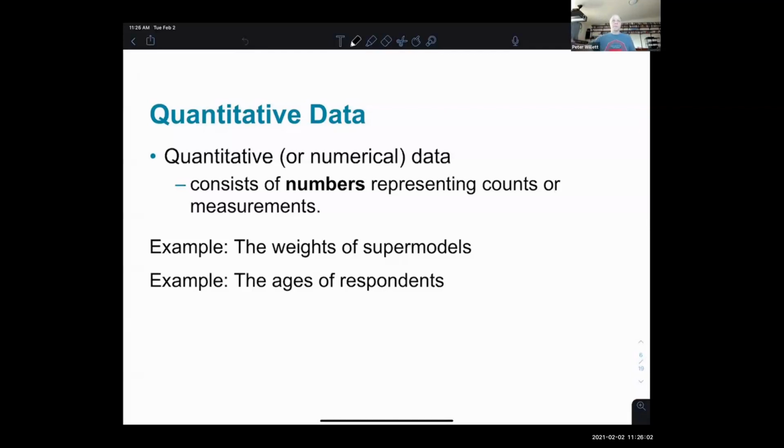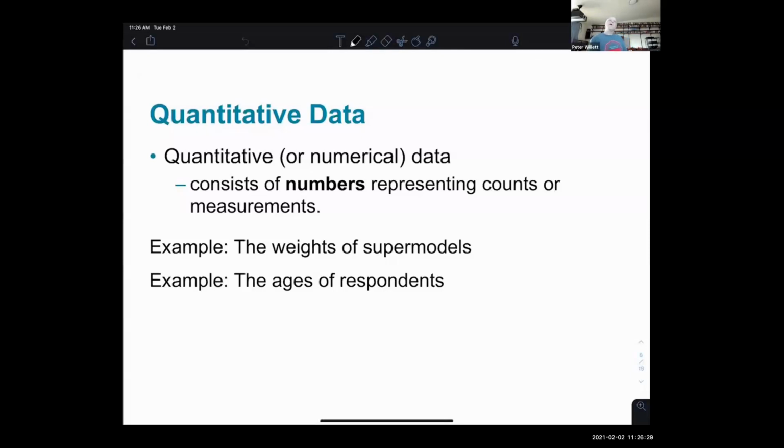And so they do give us an example. Weights of supermodels. Or another example, the ages of respondents. So these types of measurements are numerical and therefore quantitative, and they consist of numbers that represent a count or a measurement.